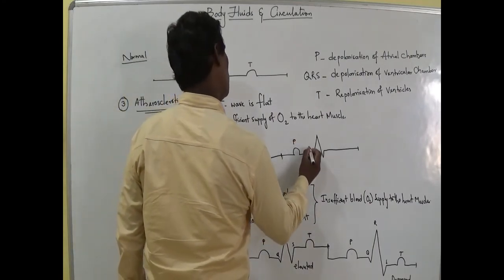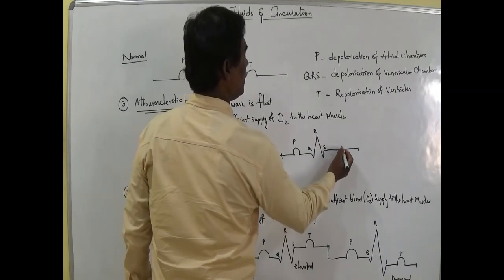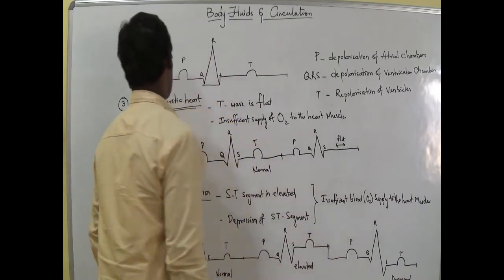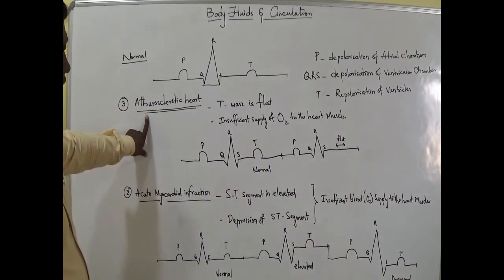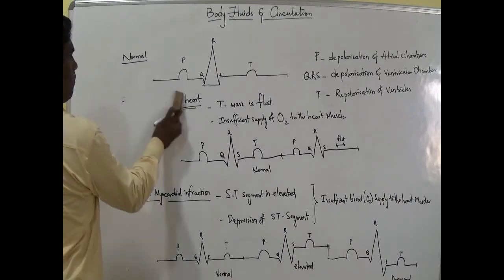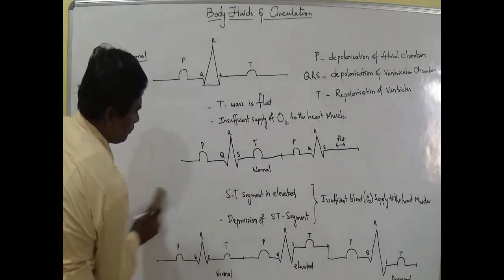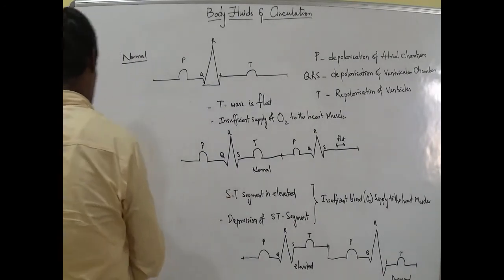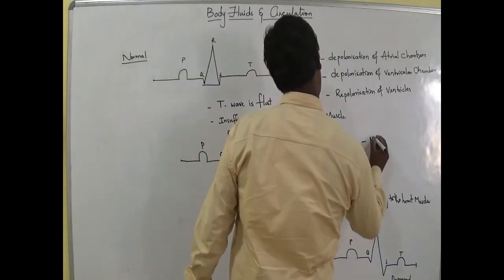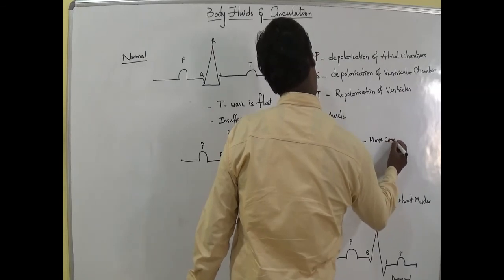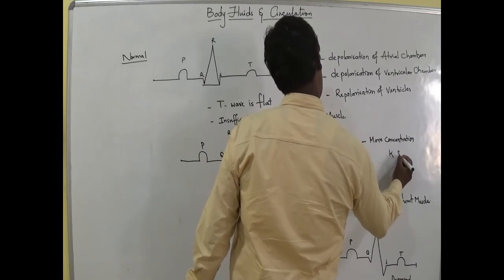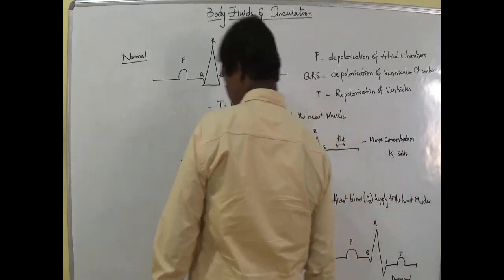That is P, Q, R, S. The T wave is depressed, flat. So this is the condition of an atherosclerotic heart. Clear? And this atherosclerotic heart usually occurs whenever there is a higher concentration of potassium salts in the blood.